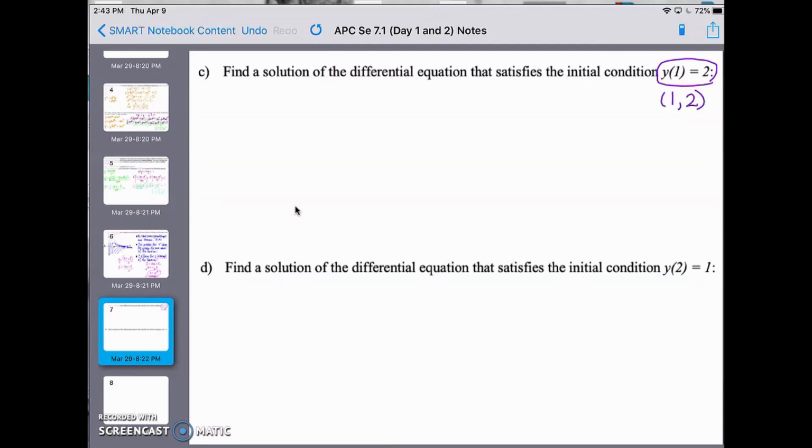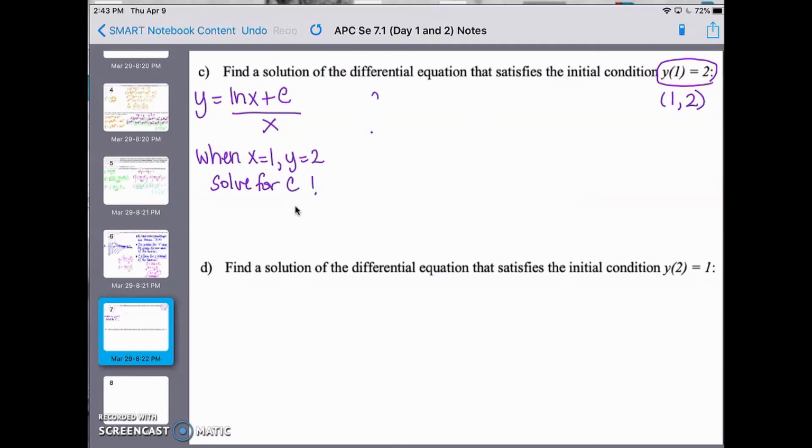Okay, so what we're trying to do is take our function y equals ln x plus c divided by x, and we're saying when x equals 1, y equals 2, and we need to solve for c. That is our job right now. Okay, so let's do it.